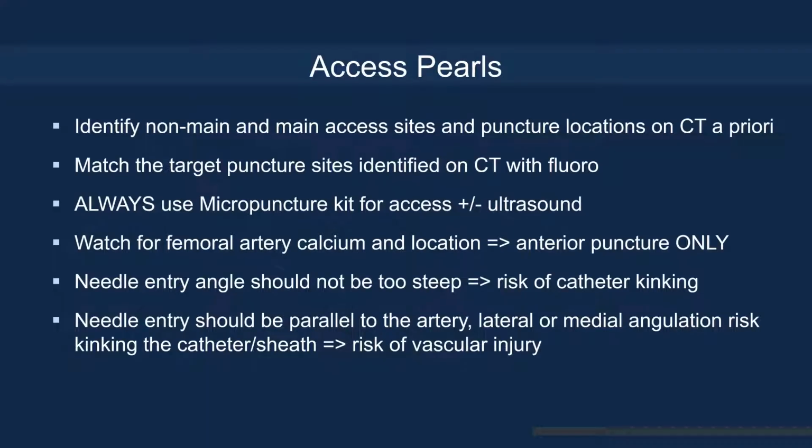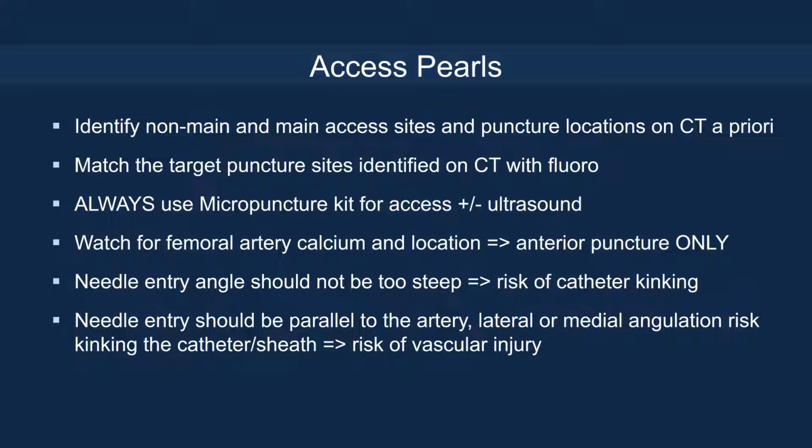So first, in terms of access pearls, identify the non-main and main access sites and puncture location on CT, as I showed earlier. You want to match the target puncture sites identified on CT with fluoro. You always want to use a micropuncture kit for access, plus or minus ultrasound guidance. You want to watch for femoral artery calcium and location so that you only have an anterior puncture, if possible.